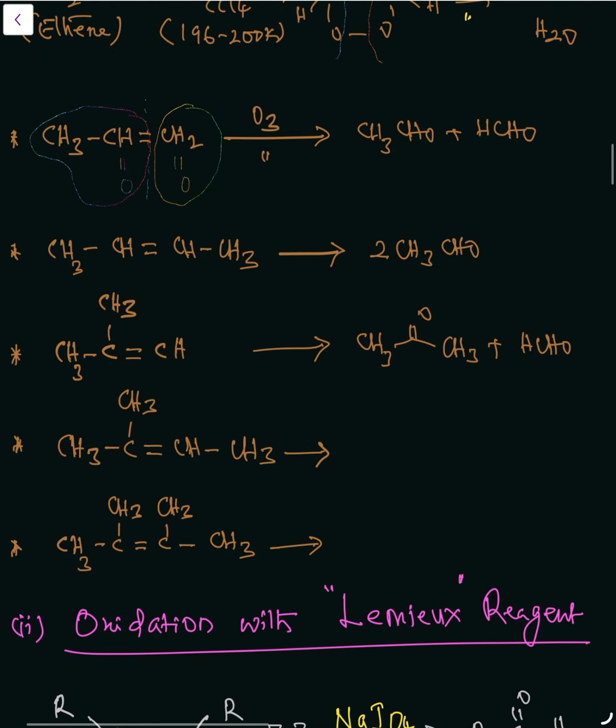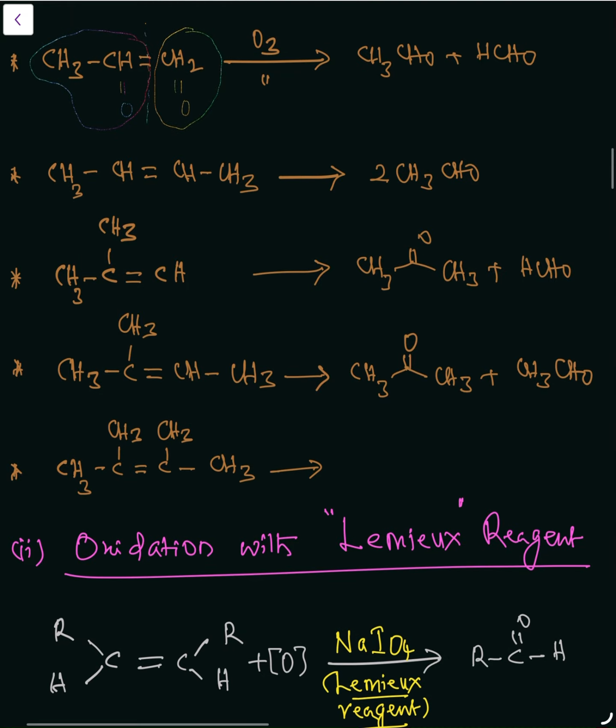Next, here 1 mole of acetone and the second mole is acetaldehyde. Here 2 moles of acetone is the product, CH3 C double bond O CH3. This is about the reductive ozonolysis reaction.